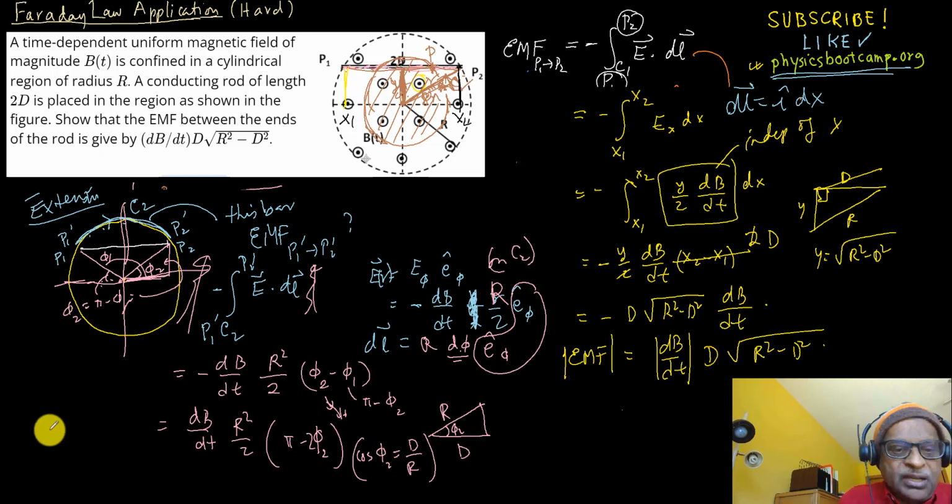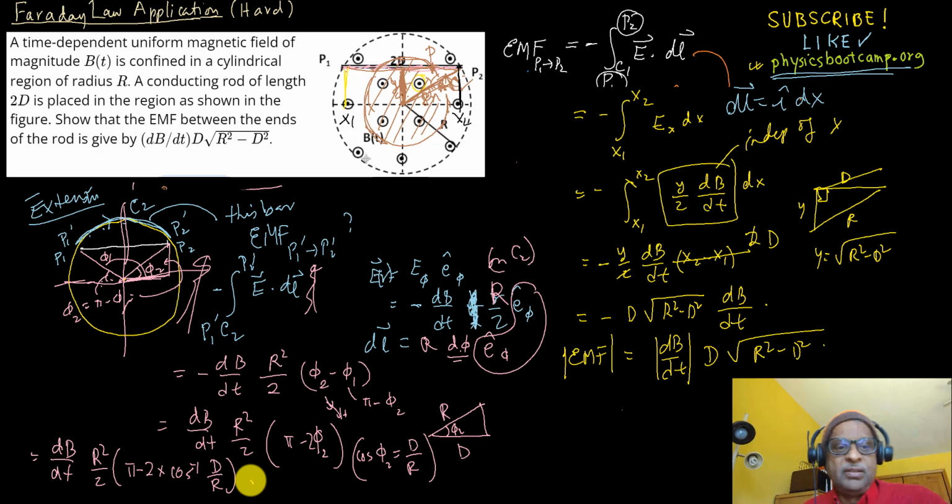So this equals dB over dt times r squared over 2 times pi minus 2 times r cosine d over r. Okay, so I did that one.